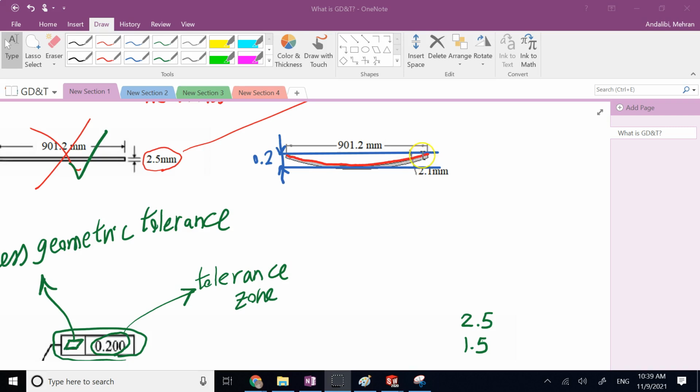If I look at the curved profile of this mirror, and if I draw two flat planes, two straight lines, such that any point of this curved profile falls within those two planes, so they completely contain your profile, the gap between these two should not be more than 0.02, okay? And of course, the smaller you make that gap, it means the closer they are together, so it means your profile should be closer to a perfectly straight shape.